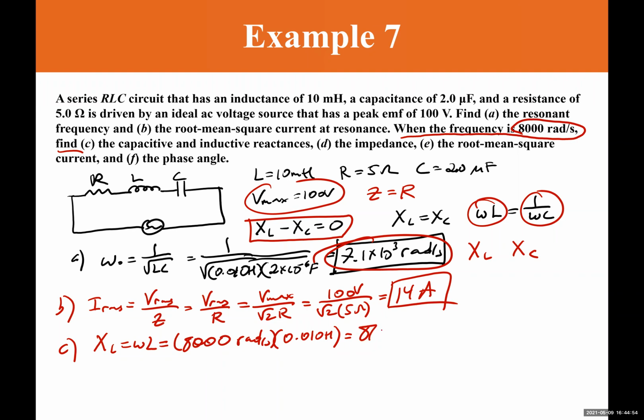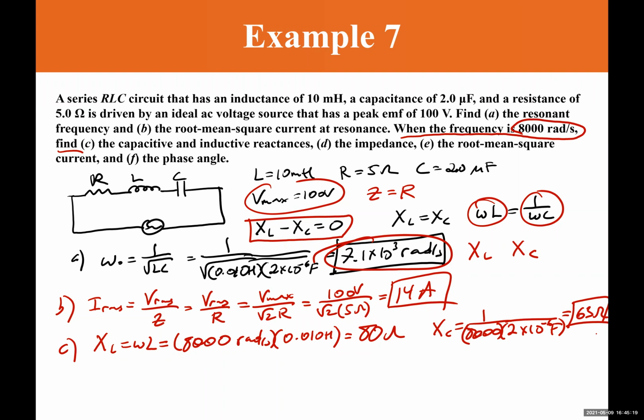So here I get 80 ohms for x sub L. Then I have to separately calculate x sub C, because now it's going to be different since it's not the resonance frequency. So 1 over 8,000 times 2 times 10 to the negative 6 farad. Here you get 63 ohms. So the capacitive reactance is less than the inductive reactance.